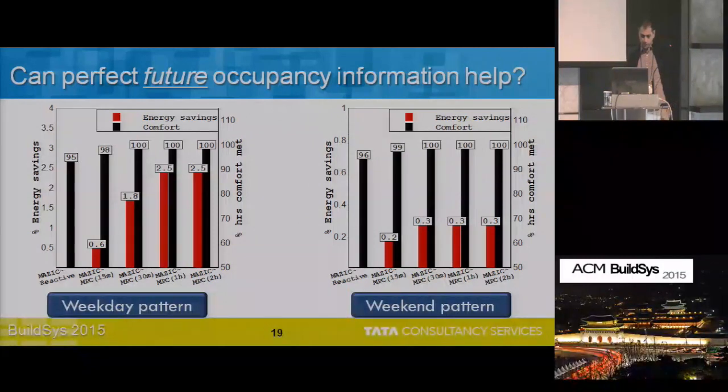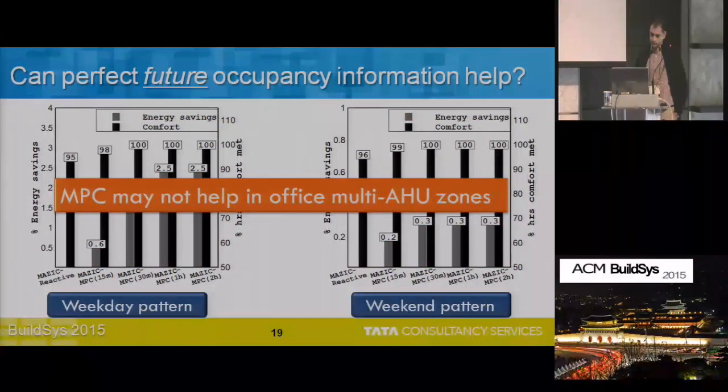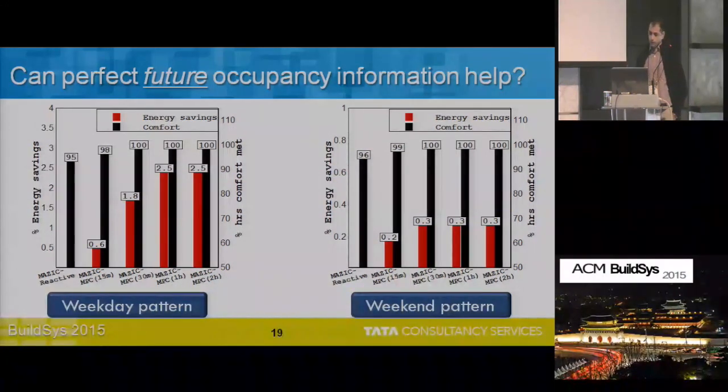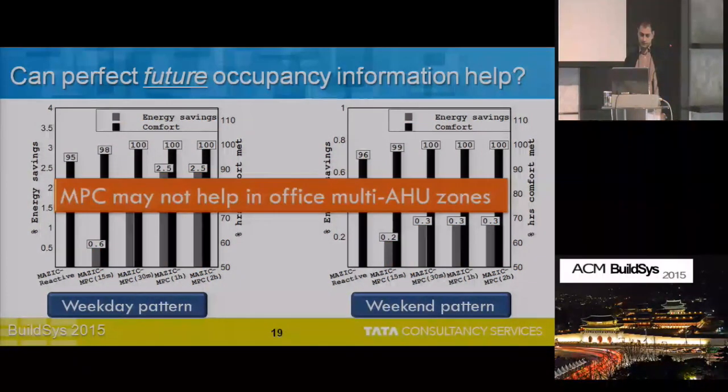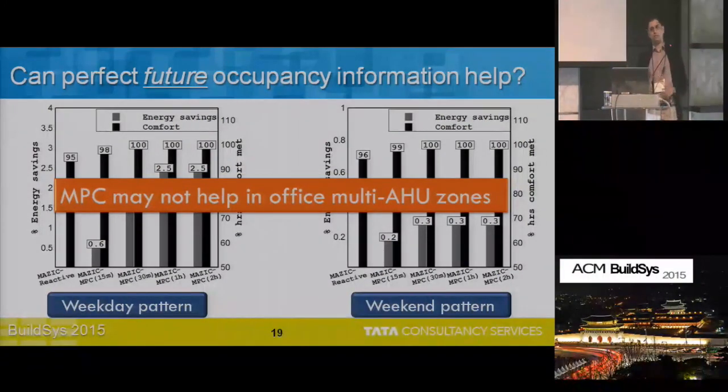And again, the primary y-axis is the energy savings, and the secondary is the percentage hours comfort is being met. As you can see here, we don't get too many savings from your MPC across both weekday and weekend patterns. And the savings are very marginal, which seems to indicate MPC kind of approach may not be really helpful in a multi-AHU kind of scenario.